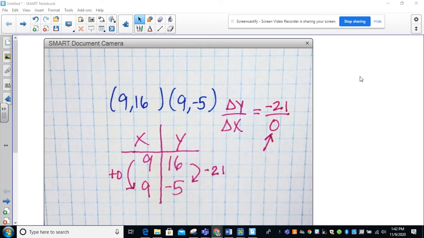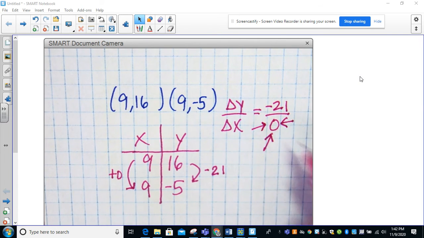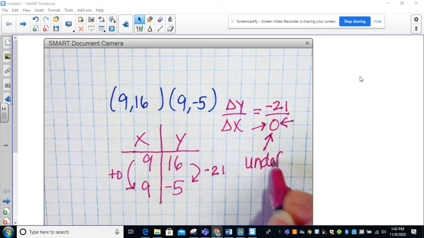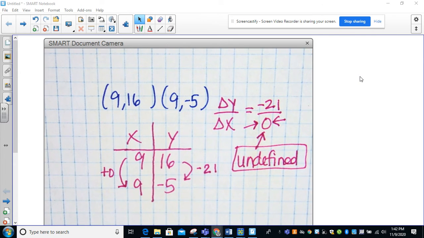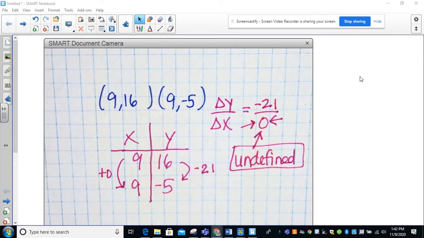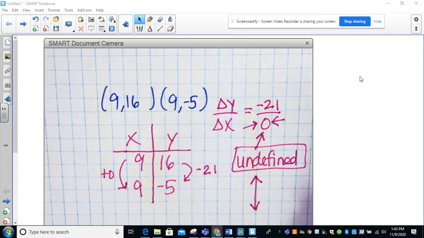Anytime you have 0 as a denominator only, 0 is on the bottom, that's undefined slope. And if you remember from the past lesson or lessons in the future, undefined is when you have a vertical line. We also learned that undefined means vertical lines, and it has an equation of x equals some number.